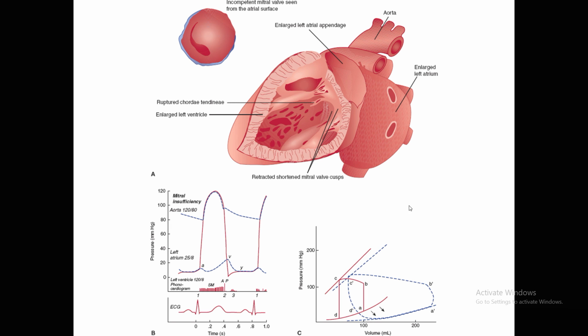The physical examination of a patient with mitral insufficiency reveals the presence of a hollow systolic murmur generated by the flow through the regurgitant valve and the powerful contraction of the hypertrophied left ventricle.